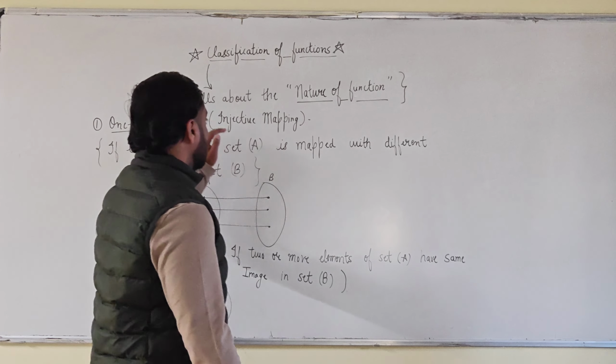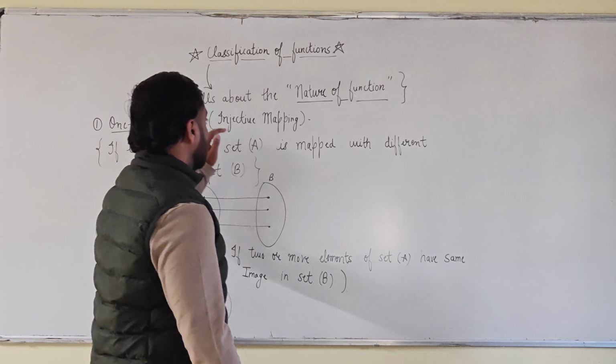Then we take another function which looks like this. If we draw a line parallel to the x-axis, it cuts the graph at two points, meaning that at different values of x it takes the same value of the function. So this kind of function is many-one.